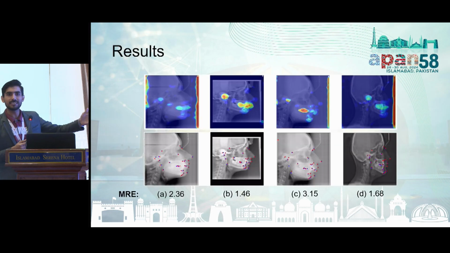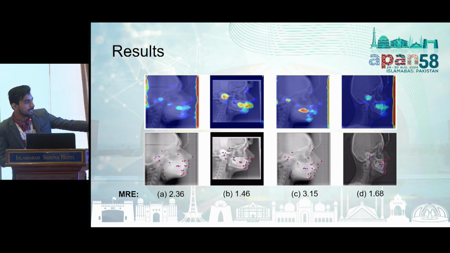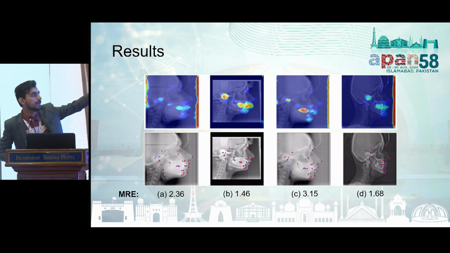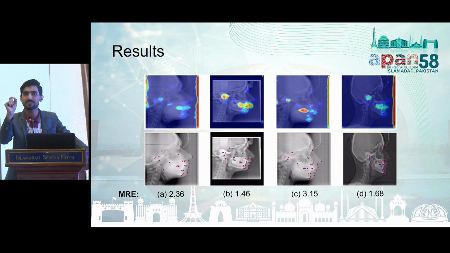These are some qualitative results. As you can see, the image on the left side has some red dots that are the ground truth, some blue dots that are predicted by our model, and we also have some Grad-CAMs on the upper side images, showing where the architecture is actually looking, or the regions the architecture is paying attention to while predicting the landmarks.